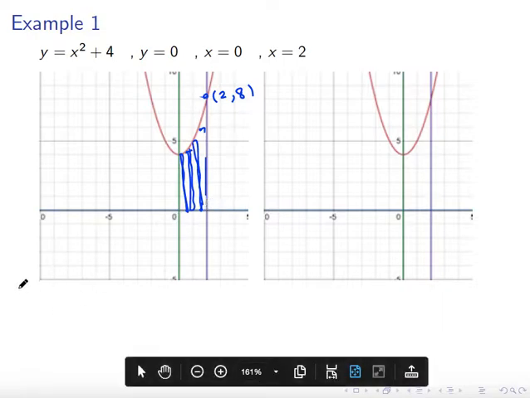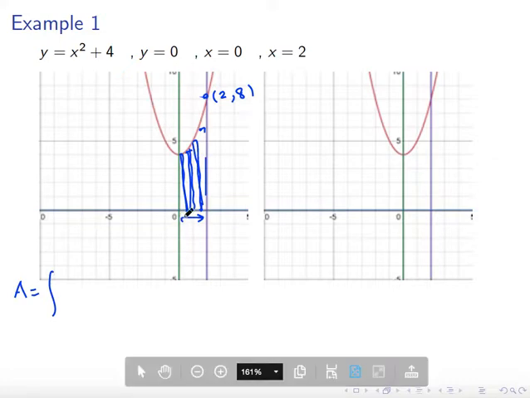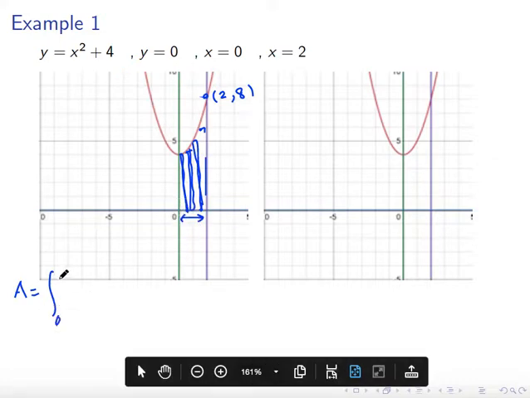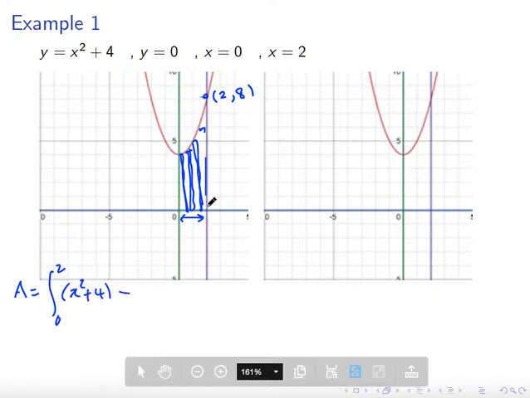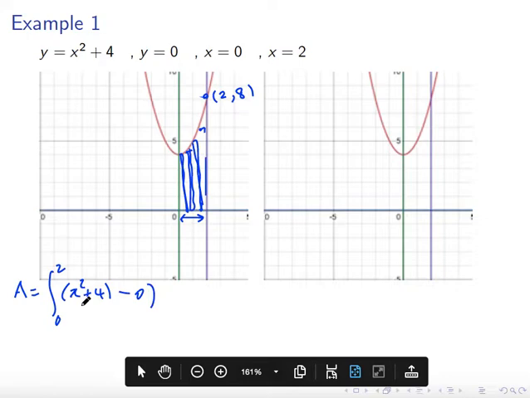And when we want to set the integral associated to this area, it's going to be from 0 to 2, because the rectangles are moving this way, x is from 0 to 2, and we have the top which is x squared plus 4 minus the below curve, which is 0 dx. I'm not going to solve any integral here, I just set the integrals.